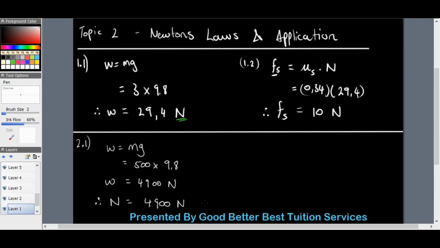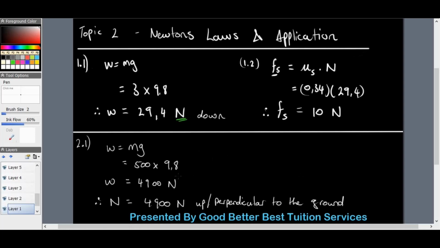We can either say up, or we can say perpendicular to the ground, because that's what the normal force is, because weight is going down. Awesome, that was 2.1.